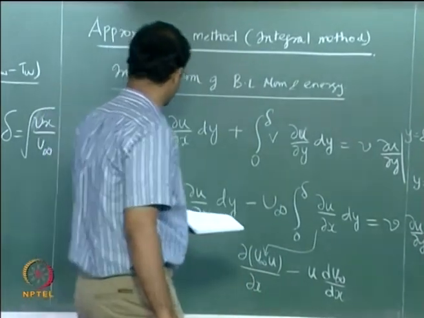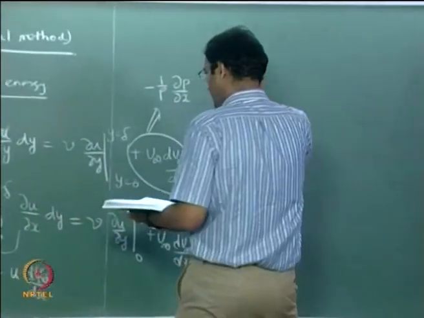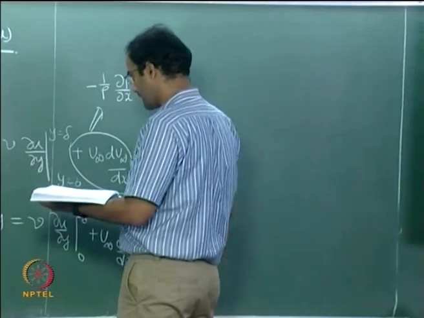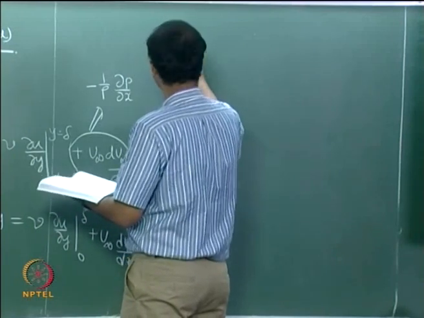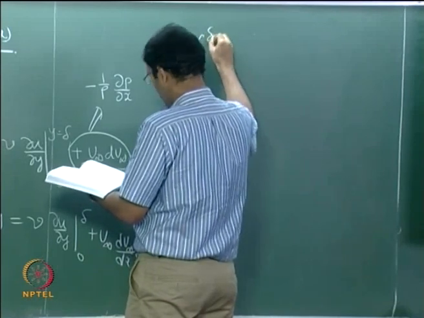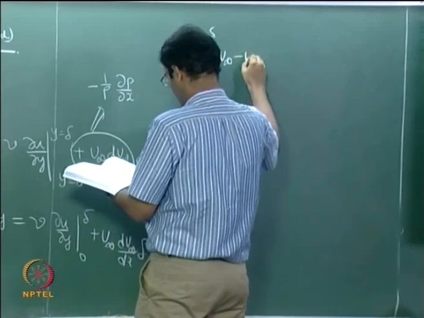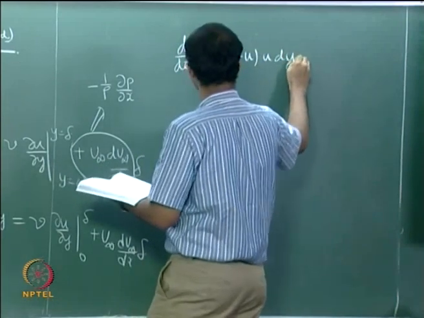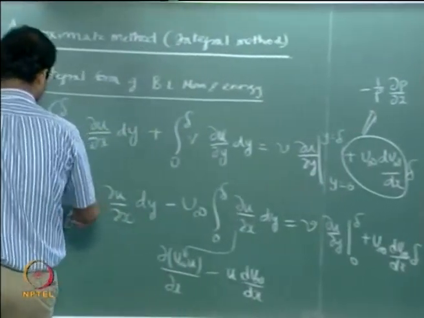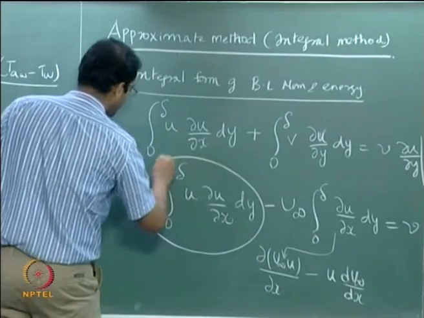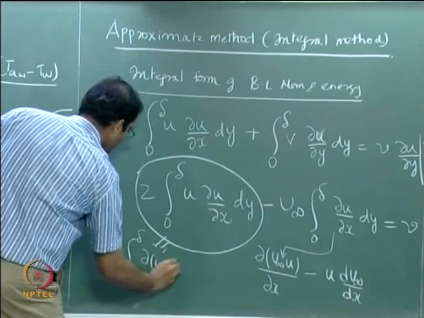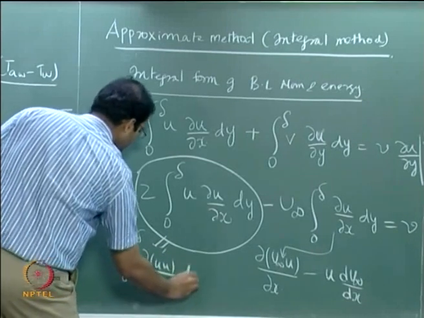I can just re-express it that way, and I am going to multiply throughout by a negative sign. If I rewrite this a little bit, this will be d by dx integral 0 to delta u infinity minus u into u dy. So u infinity into u is basically this term, minus this can be neatly written as directly integral 0 to delta d of uu by dx dy, right.